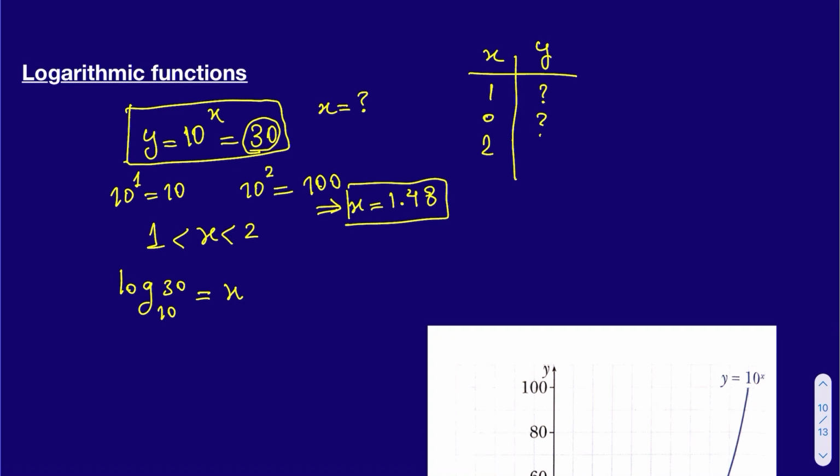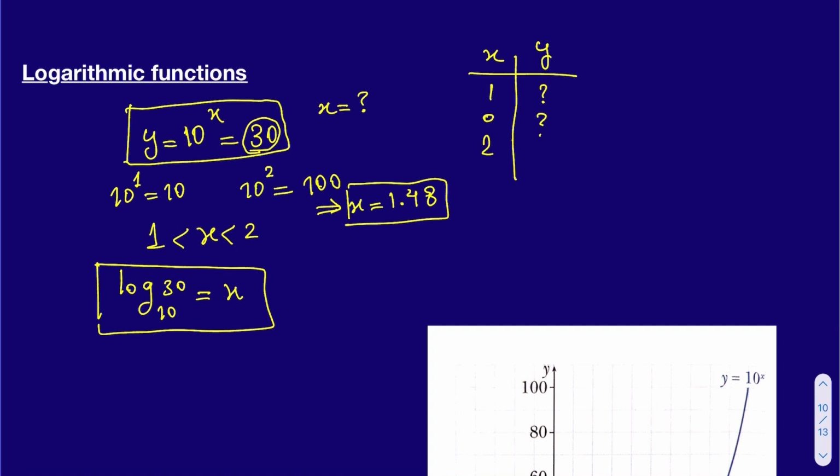So this function is called logarithm or logarithmic function. This function that gives the value of x directly, okay? We can calculate and then we can find the value of x by using a calculator, okay?